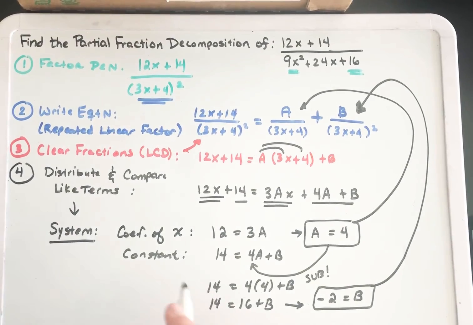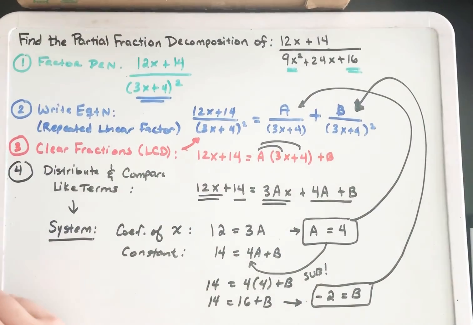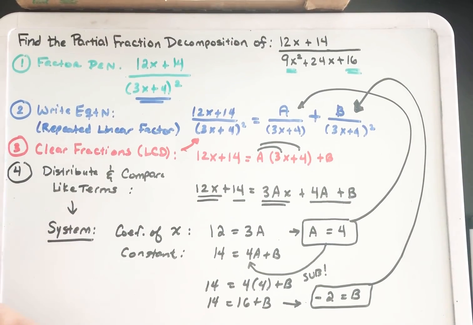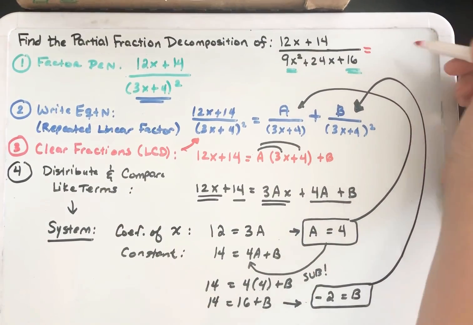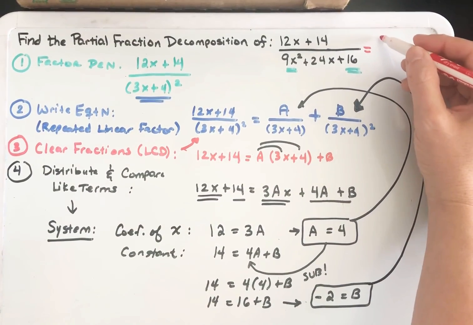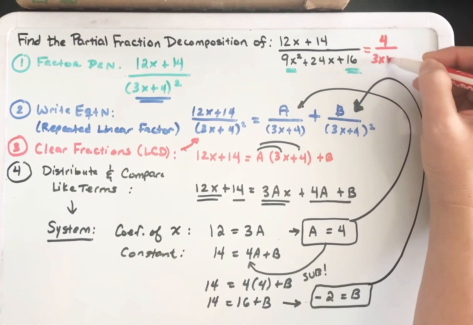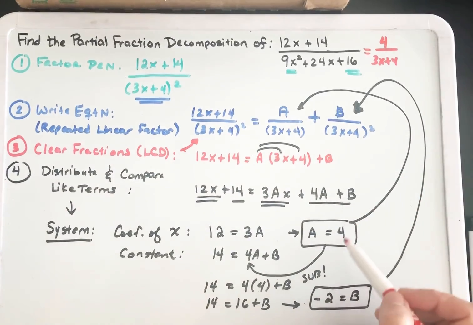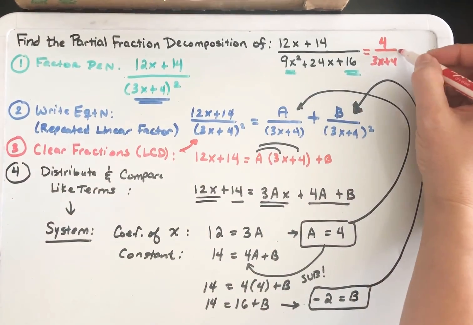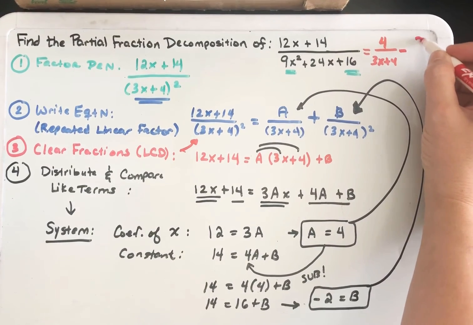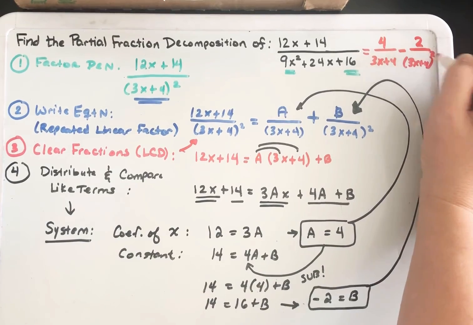And so you could check this, for example, by saying, okay, our final claim, the answer, if you will, is that this entire rational expression could be rewritten as a sum of partial fractions, where for one of them, a was 4 over the denominator 3x plus 4, and then b is negative 2, so rather than saying plus negative 2 on top, which looks tacky, we just write the whole thing as minus 2 over parenthesis 3x plus 4 squared.